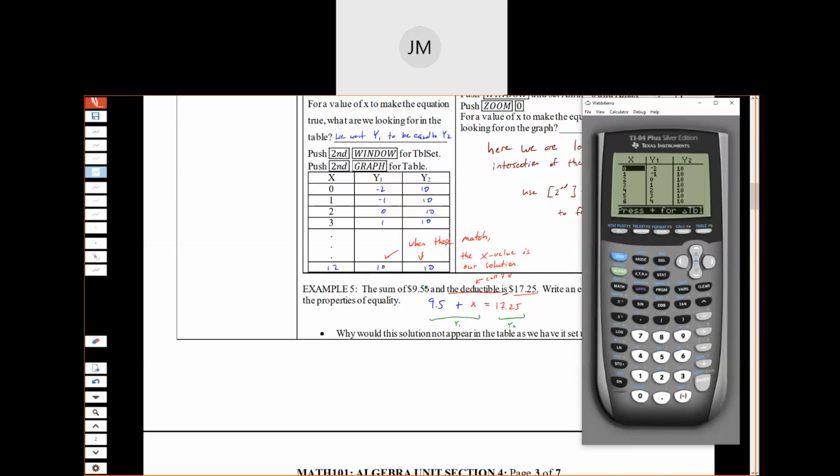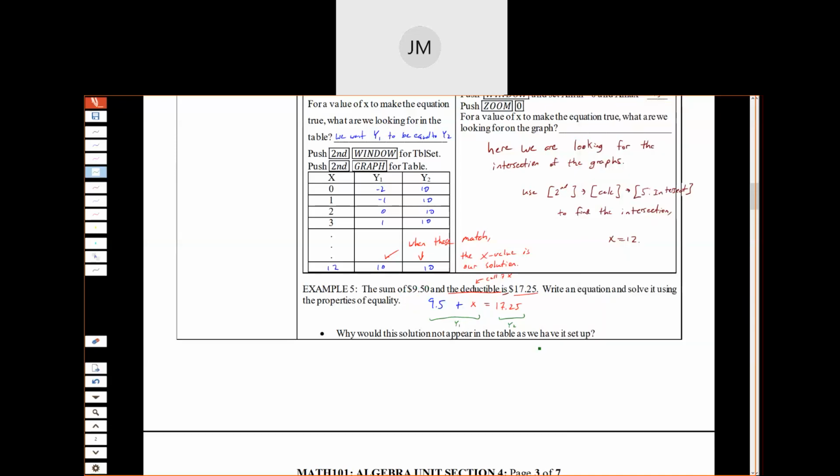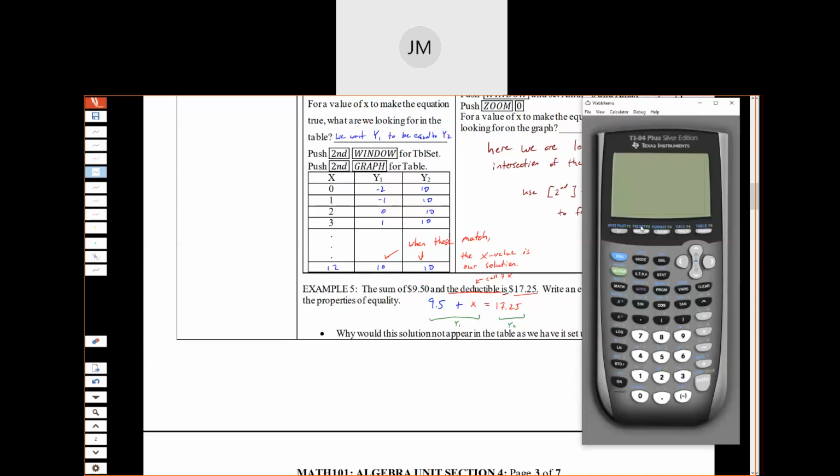I'm not getting up to 17.25. Okay. So I might have to adjust my table. Well, let's take a look. Let's actually do this. We'll go through it. 9.5 plus x. And here's 17.25. And let's look at the table.